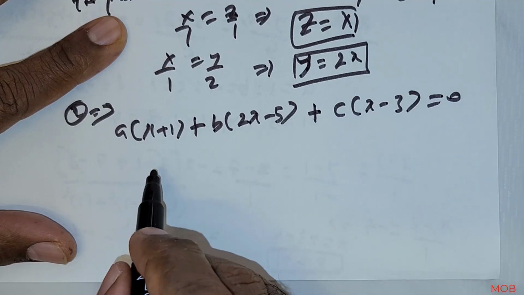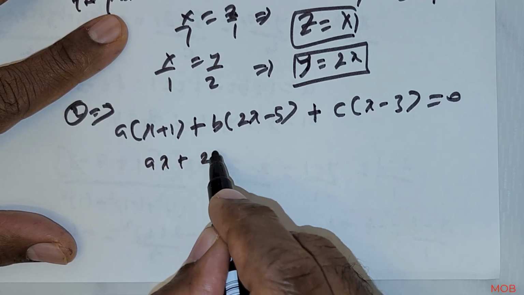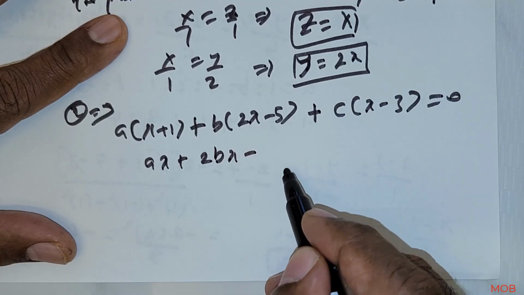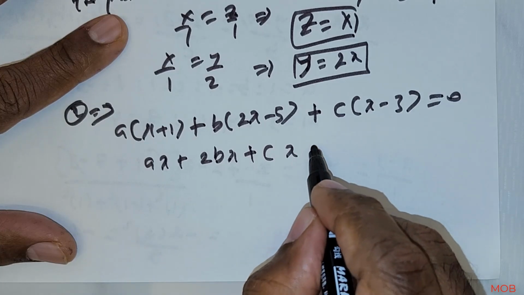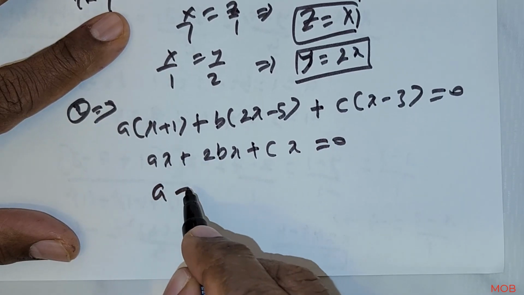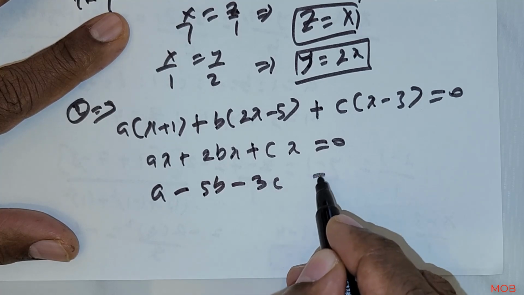Now write the system, distribute a, b, c, so you get ax plus 2bx plus cx. That is one system. The next system is a minus 5 times b minus 3 times c is equal to 0.